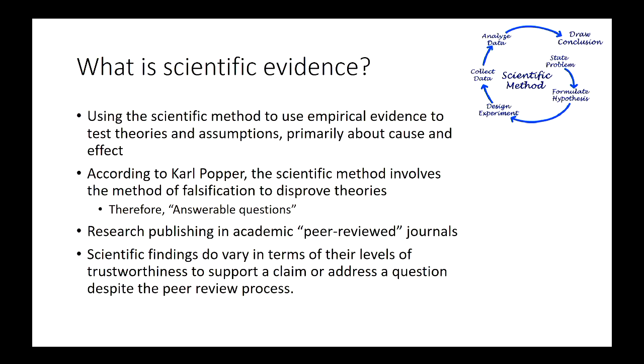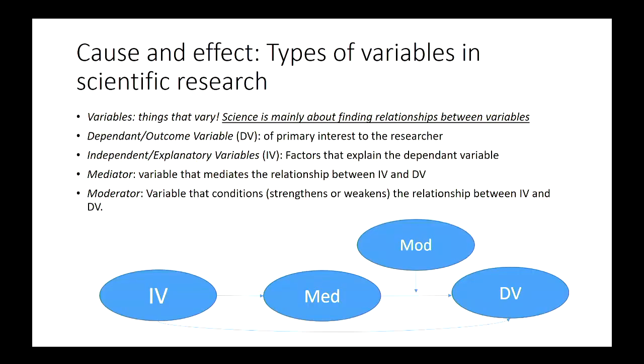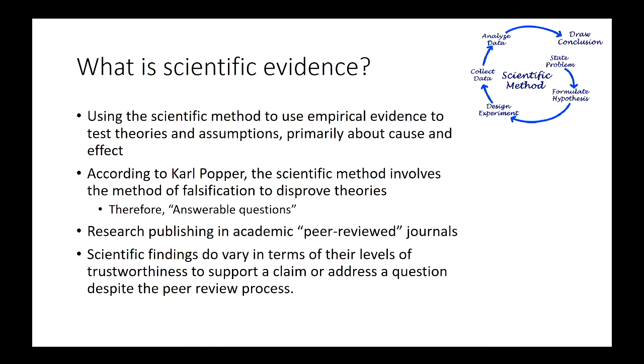Alright guys, so let's take this up. We've looked at what scientific studies are trying to do: they're trying to look at relationships between variables. The basic idea of scientific evidence is to test theories. Put forward theories about relationships between variables and test them, to see whether they are actually true in the real world.